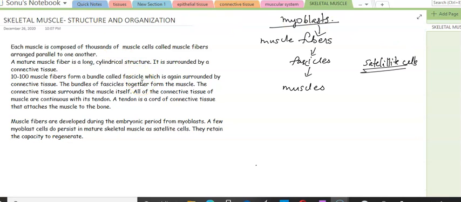And these satellite cells are very few in the mature skeletal muscle. So regeneration of mature skeletal muscle is very difficult because only very few satellite cells persist after birth. So if there is any damage, the muscle fibers take a long time to regenerate, and even then the chances are very slim.